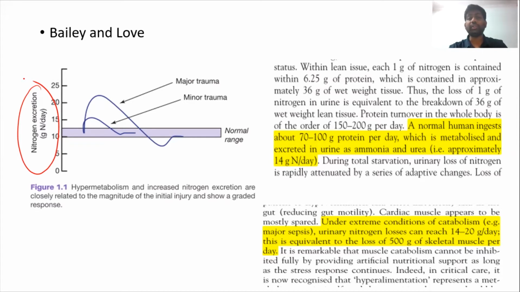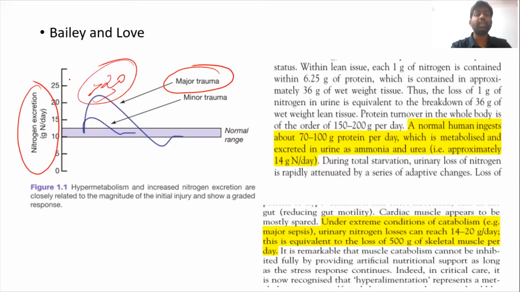You might get an option and get confused about the importance of nitrogen excretion in trauma. Yes, in major trauma, there is a significant amount of nitrogen excretion. It can increase to more than 20 gram per day. So a very important question: major trauma, which is an important marker, nitrogen excretion. Don't underestimate nitrogen excretion if you get it in the options.